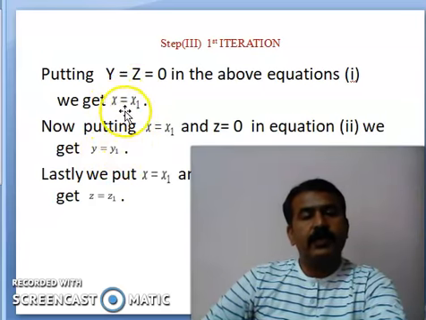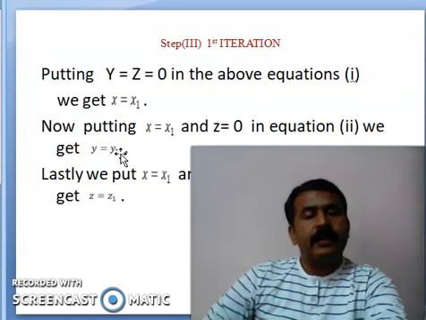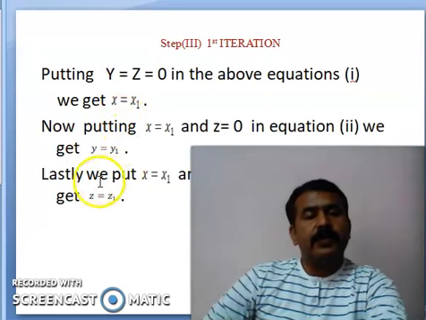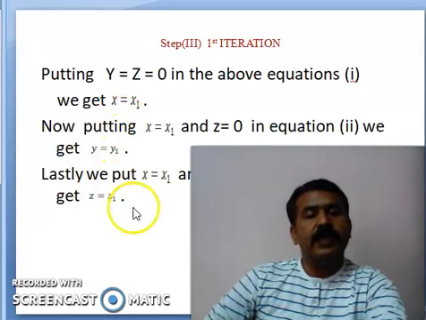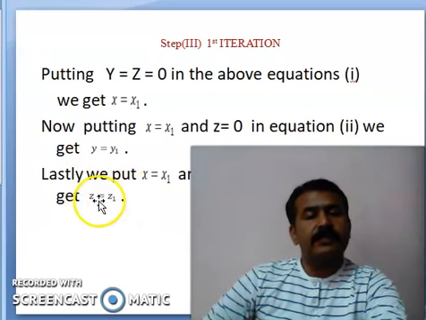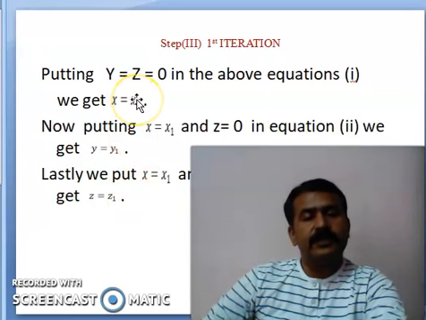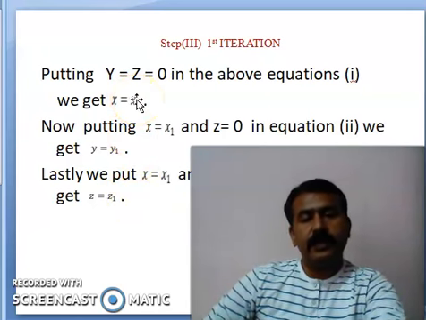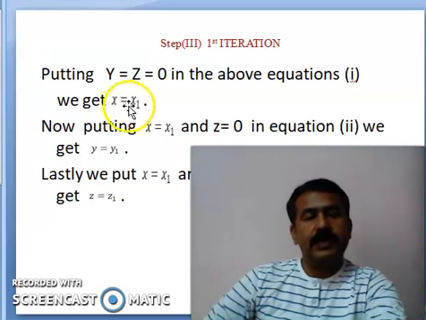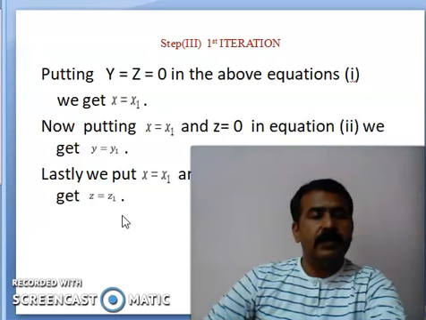Putting these two values in the third equation, we get the first iteration of z, that is z equal to z1. So the first iteration is x equal to x1, y equal to y1 and z equal to z1.